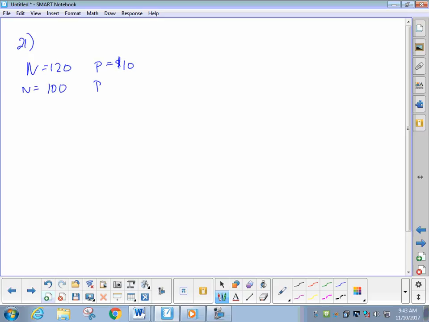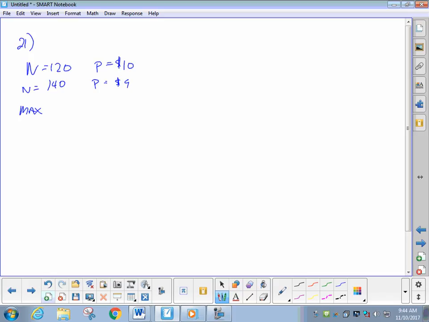If they decrease the price by $1, they sell 20 more units. So they might sell 140 if they drop the price by $1 to 9. I could keep going and do lots of cases, but that's true. What price will maximize revenue?